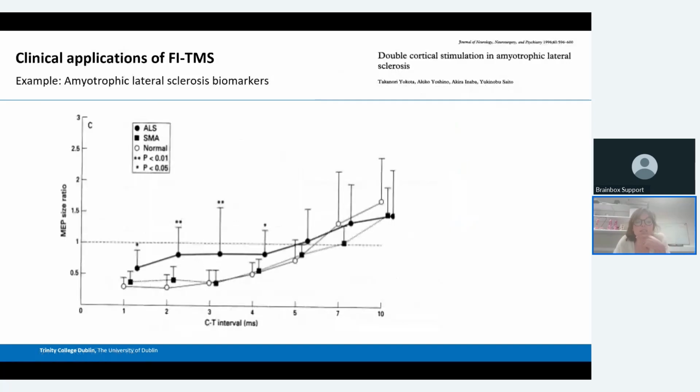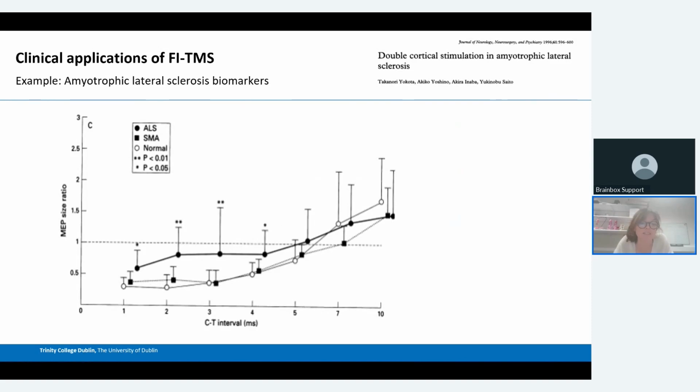And why it's particularly of interest at the moment is that it's being used a lot to try and understand diseases that affect the motor system. So this is actually a paper from very soon after they discovered short interval intracortical inhibition, where they looked at this phenomenon in people with and without ALS, as well as spinal muscular atrophy.